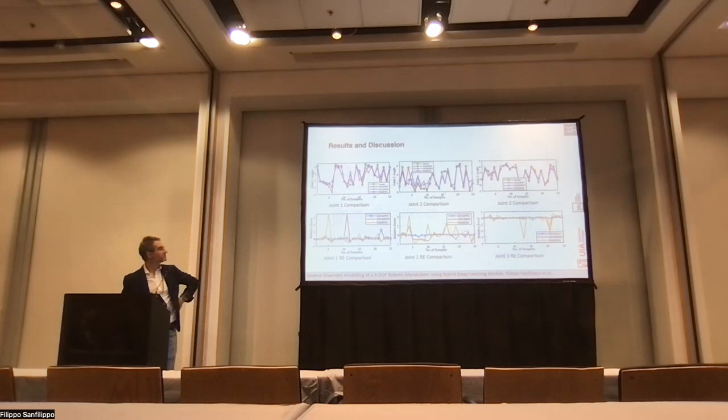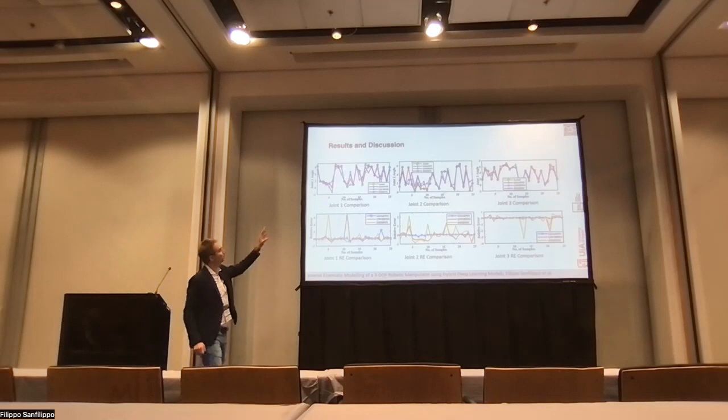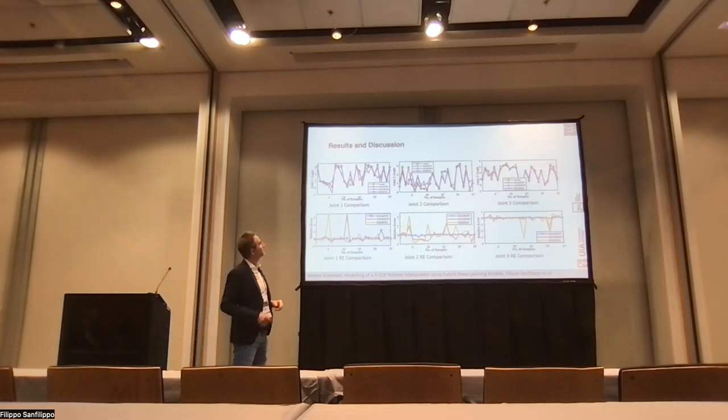And here we see some more results with the tracking of the joints. So again, joint 1, joint 2, and joint 3. On the upper plots, the green line is basically representing the actual position of the joint. And then we have the three optimization heuristics that we compared: the Garnet optimization algorithm, the gray wolf optimization, and the particle swarm optimization.